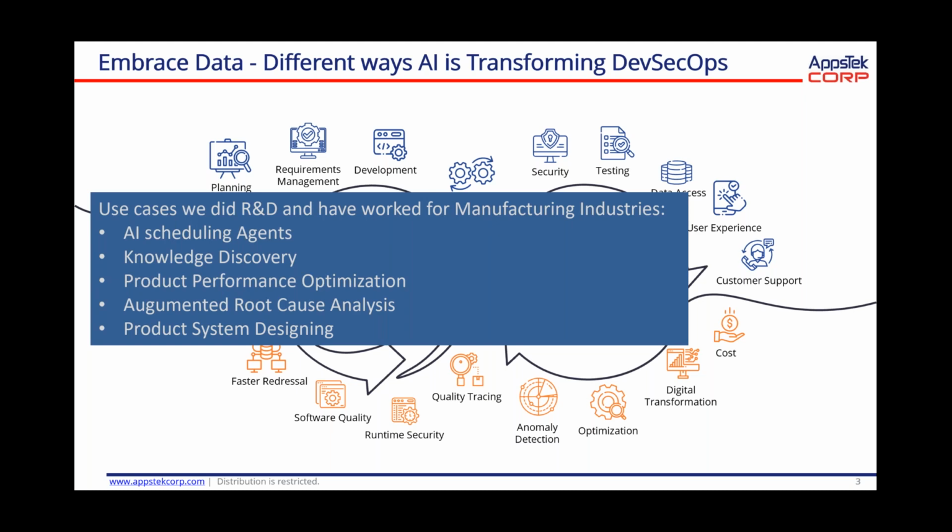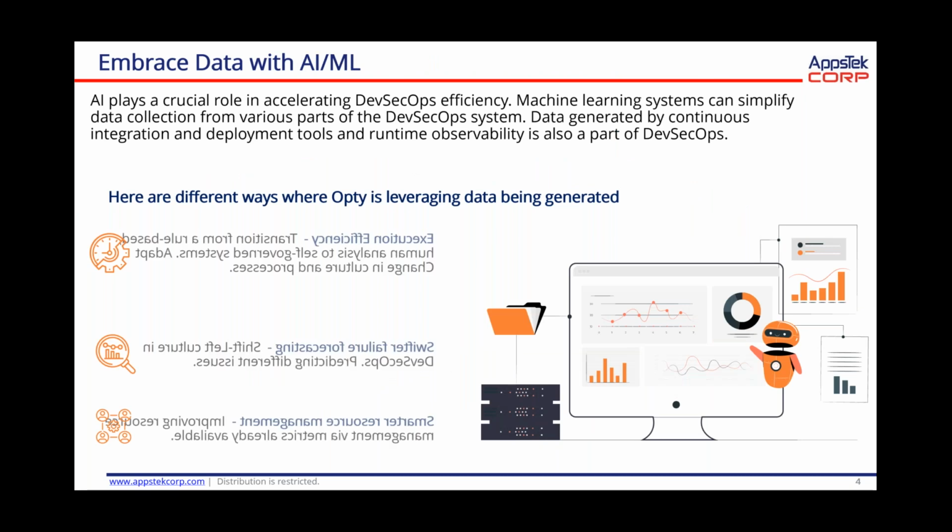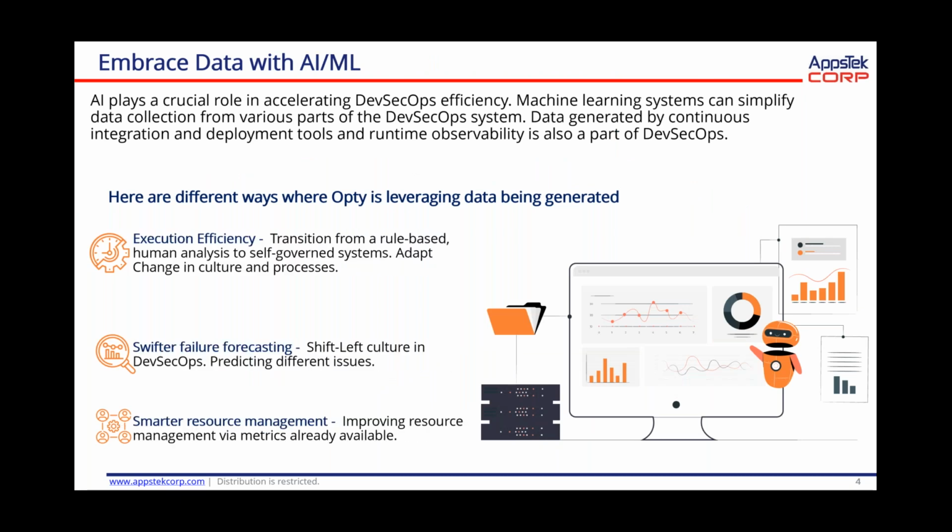Moving on. So now, DevSecOps. How is AI transforming it? We heard that AI can do this across multiple phases, but how is AI really transforming? First, execution efficiency. All traditional systems are rule-based, depending on expert opinions or human analysis.